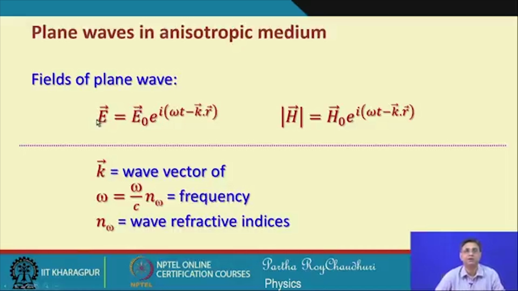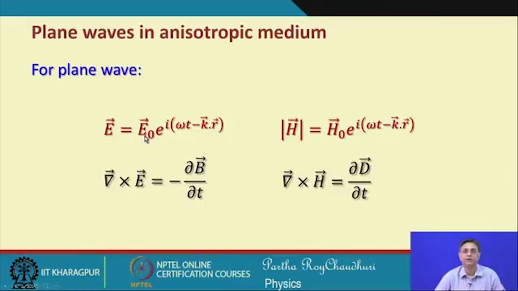The plane wave solution is in the form of E equal to E naught, which is the amplitude of the electromagnetic wave, the electric field vector, and the phase in terms of omega t minus k dot r, and similarly for the magnetic field we can represent this as H naught e to the power of the phase factor omega t minus k dot r, where k is the wave vector, omega is the frequency, and n omega is the wave refractive index.